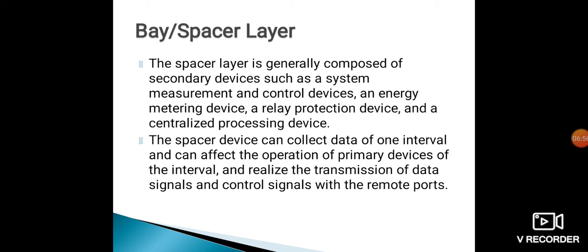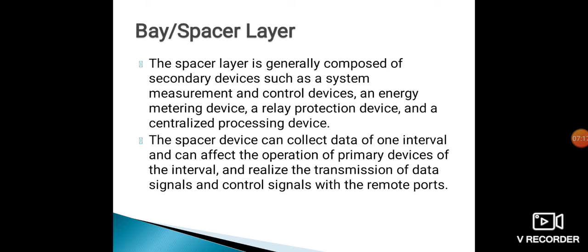Bay or spacer layer. The spacer layer is generally composed of secondary devices such as a system measurement and control device, an energy metering device, a relay protection device, and a centralized processing device.